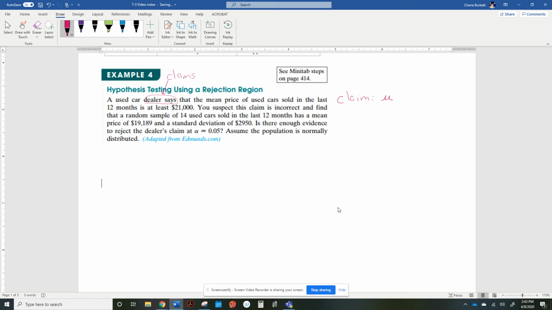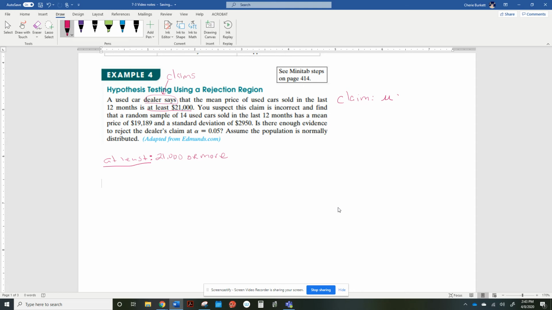Now, what does at least mean? At least means that it's going to be this, but it's okay if it's more. At least means 21,000 or more. That's what at least means in this case. At least 21,000. It means it's going to be $21,000 or more.